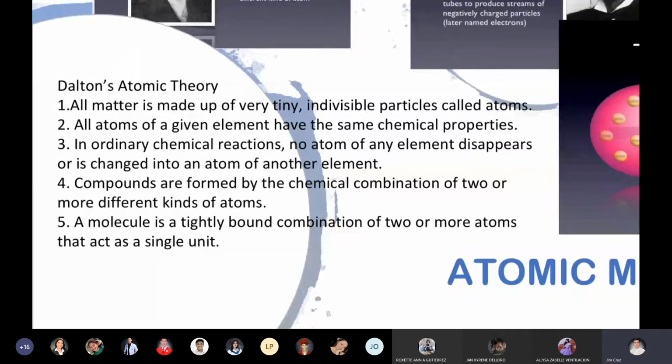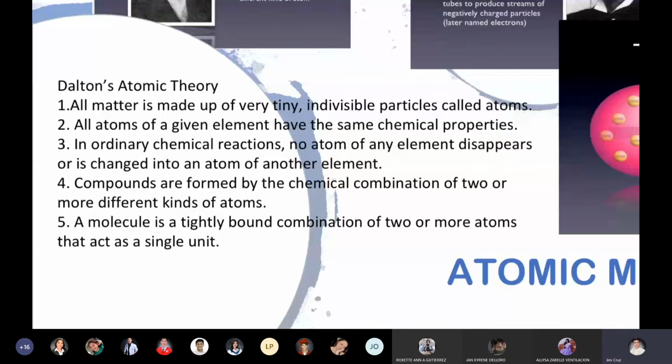So gold, you won't expect that to be in a gaseous state, no? So that means that all elements will behave differently if iba-iba sila ng elements, no? So that means atoms are different pa rin, no? In their composition, no? So may atoms for certain elements, such as oxygen, gold, and so on and so forth.